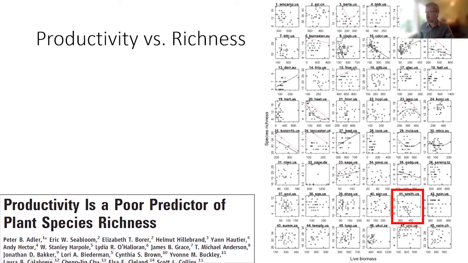But there's a whole bunch of them that don't have any lines in there at all. So there's no relationship amongst those variables in those particular sites. And where there are relationships, sometimes they're positive, sometimes they're negative, sometimes they're convex or concave. So there's a lot of complexity in those relationships. So we have a global pattern, but we have a lot of variation among individual sites as well.